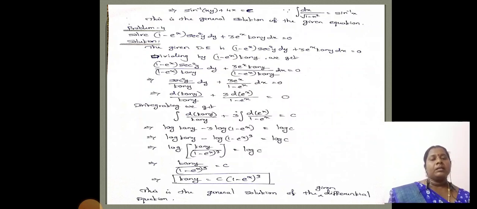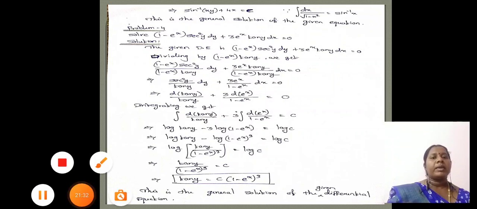Next, taking anti-log on both sides, we get tan y by 1 minus e power x the whole cube equal to c, which implies tan y equal to c into 1 minus e power x the whole cube. This is the general solution of the given differential equation.